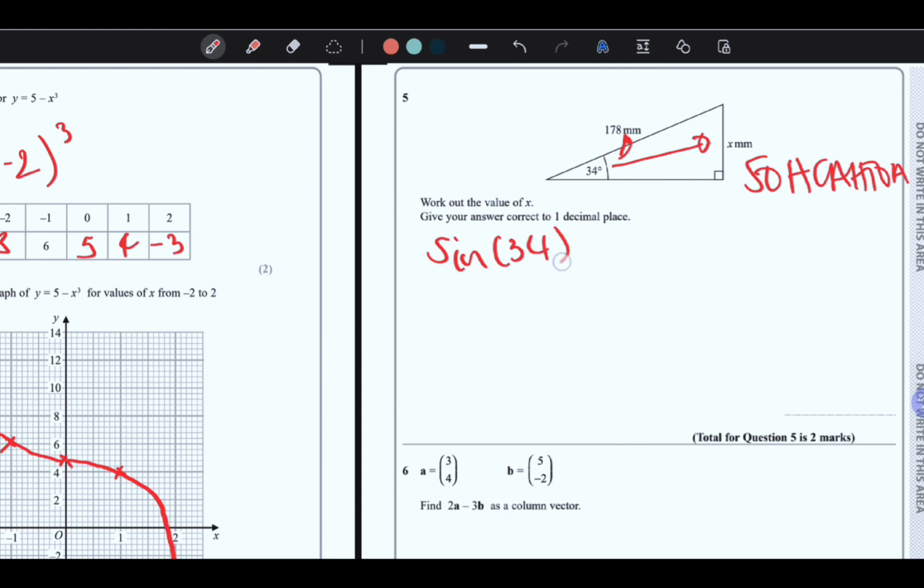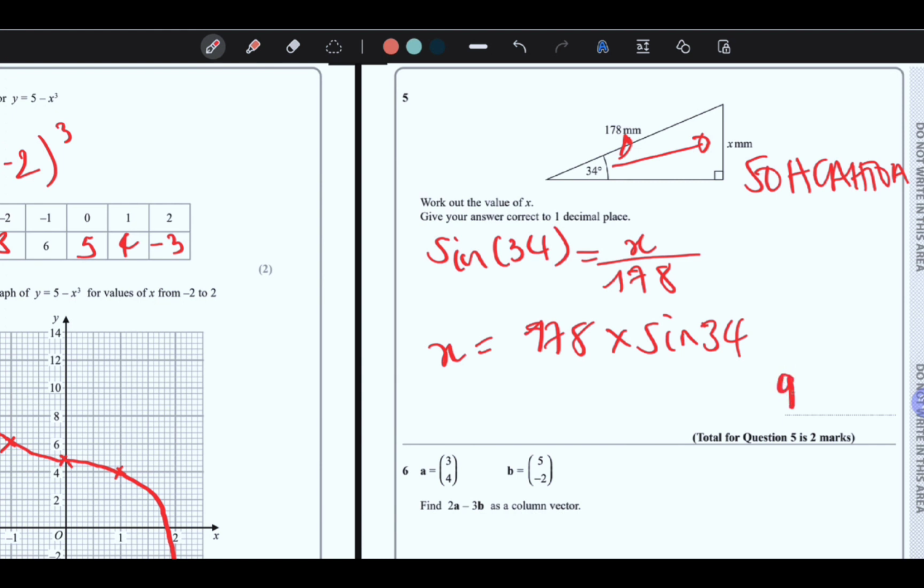So the sine of 34 degrees is equal to the opposite over its hypotenuse. So x equal to 178 times sine 34. And that will equal approximately 99.5 millimeters. That's to 1 decimal place.